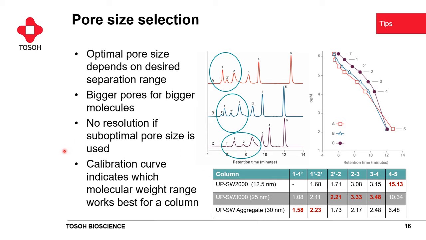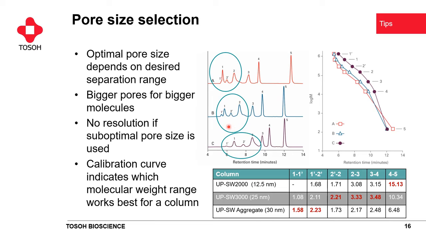How we can see at first sight if we are in the right range with our column is calibration curves. So if you ever wondered why vendors offer those calibration curves to characterize their columns, it's to make it easier for you to select the right column. A calibration curve is basically a protein standard that contains proteins of different sizes.